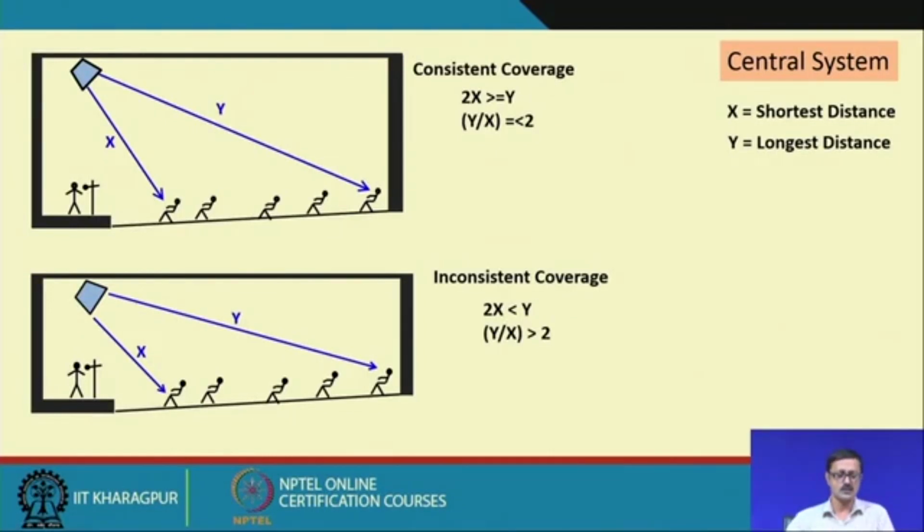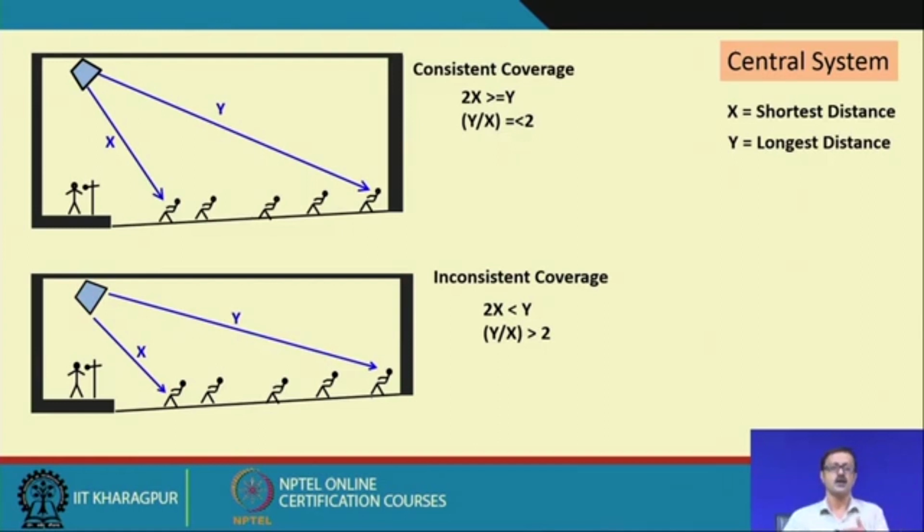We can just draw two simple lines in our sectional drawing in AutoCAD or any other software, check the ratio of the dimensions y and x, and then decide whether this particular system is applicable or not.